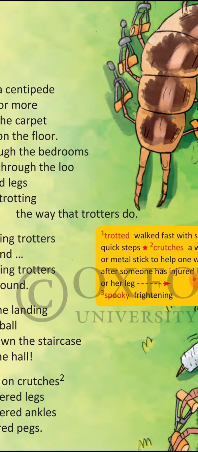That means Colin moves with its 100 legs, and it moves very fast. Whichever direction it moves, all the legs will follow Colin only. So, 100 legs all trotting the way that trotters do.